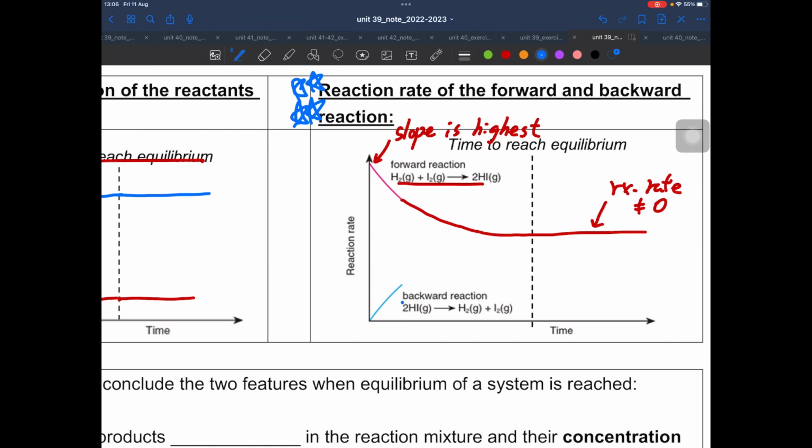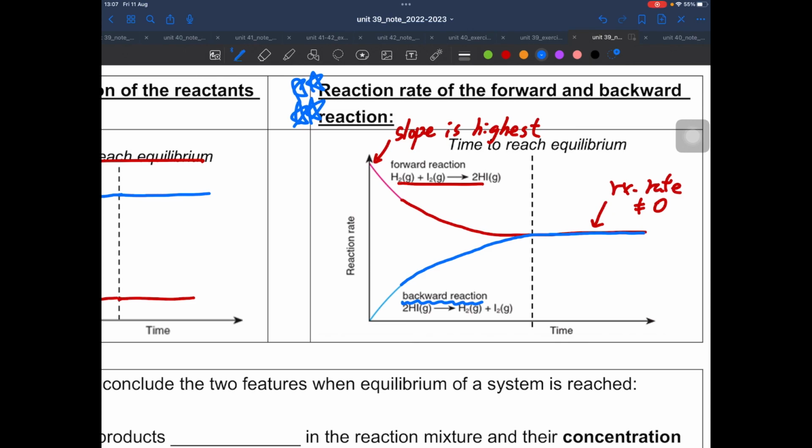What about the backward reaction? The backward reaction is the breakdown of hydrogen iodide. At the start, there is no hydrogen iodide, so of course the reaction rate is 0, right? But with more and more HI, the reaction rate will increase. At a certain point, at the equilibrium point, it will overlap with the red line.